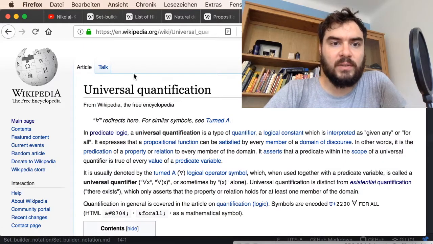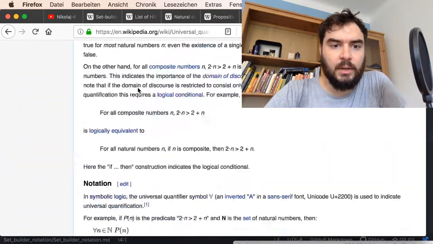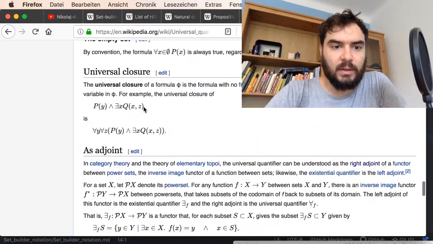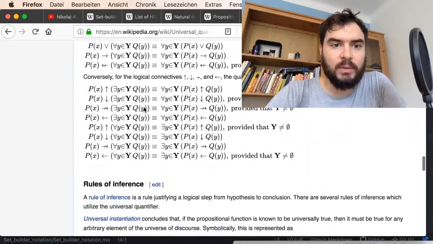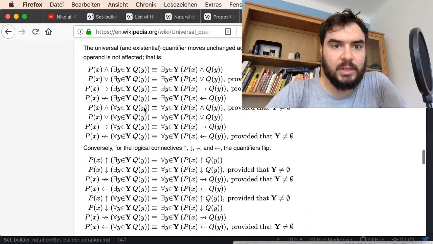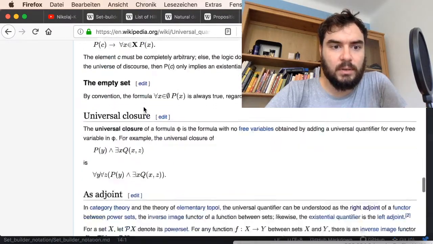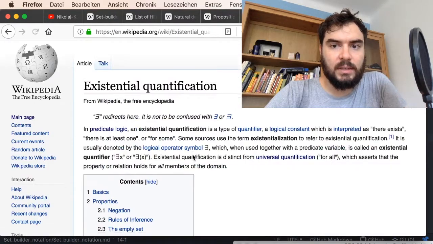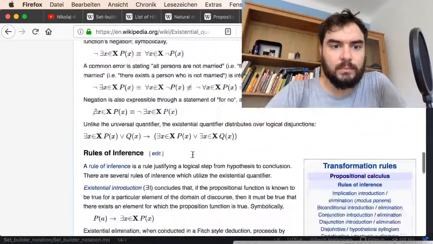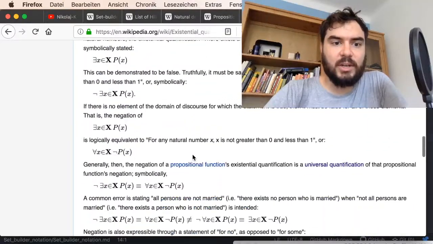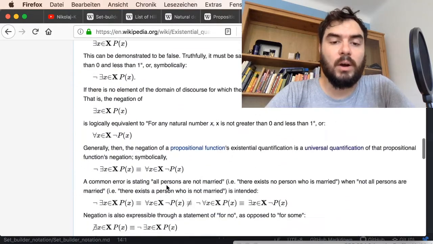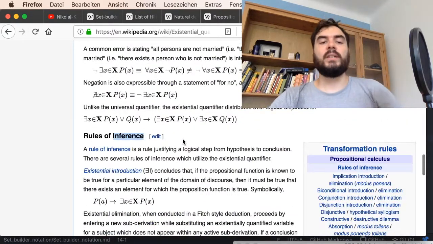I'm searching for the universal quantification page, and this also has a lot of these rules about how to rewrite expressions, especially with, no, let me actually check the existential one. I think that's the more elaborate one. Yeah, here's some discussion about negation and so on. We will also touch on this in this video. So I would say this is really worth reading.